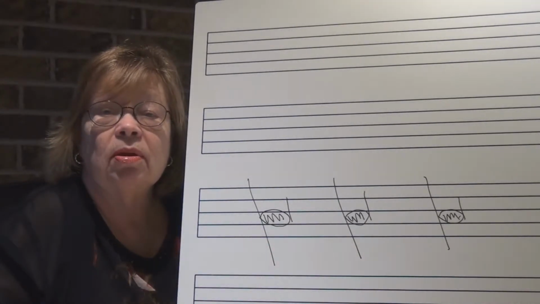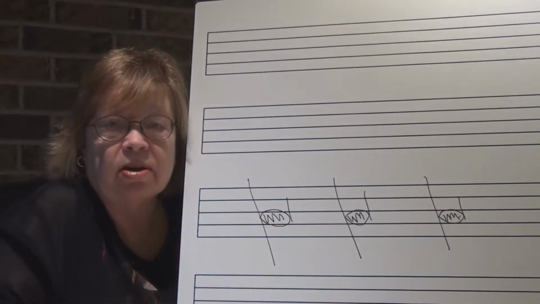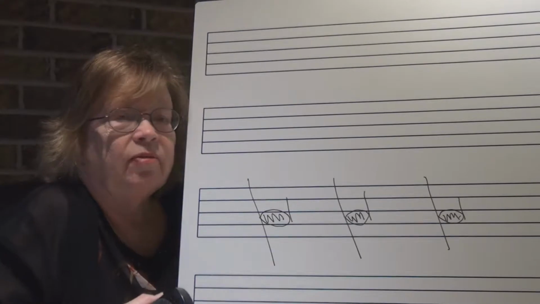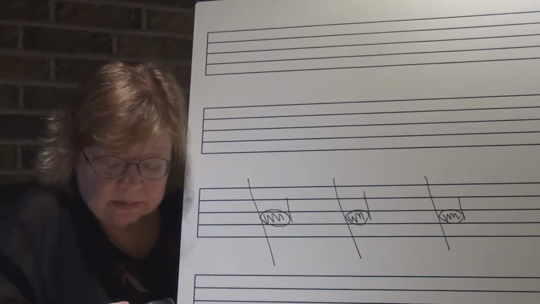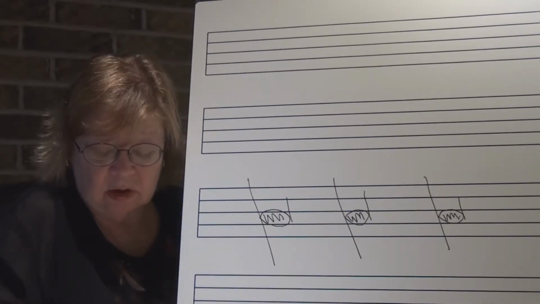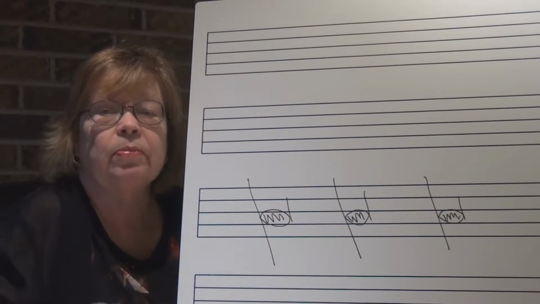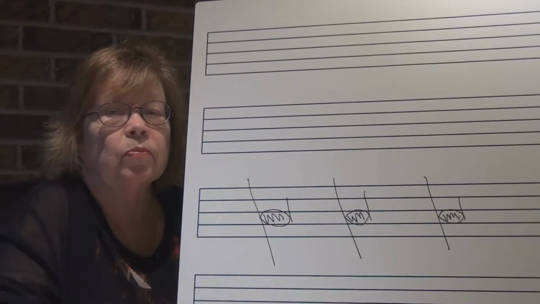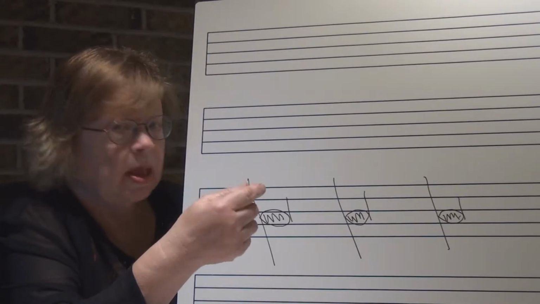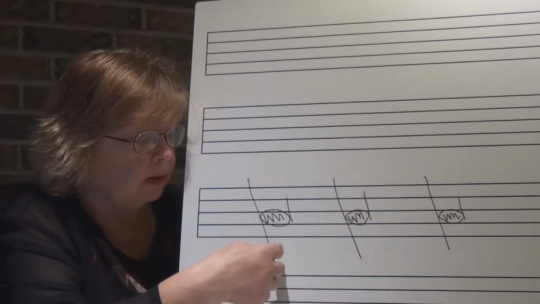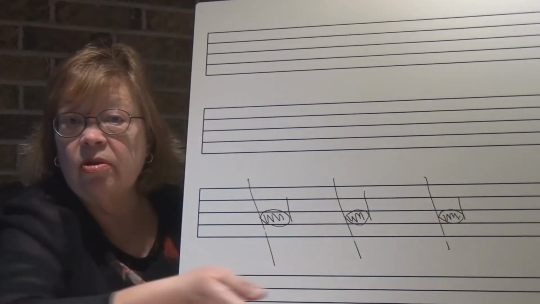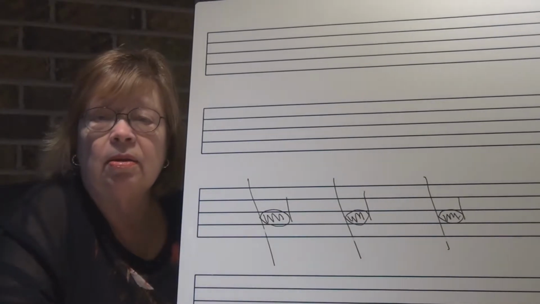Okay, so knowing that, just how long is each quarter note? And that depends upon the tempo. If the music is very fast, let's check my metronome here for a very fast tempo. That means the quarter notes are going to start and so forth. And that's quite quick.